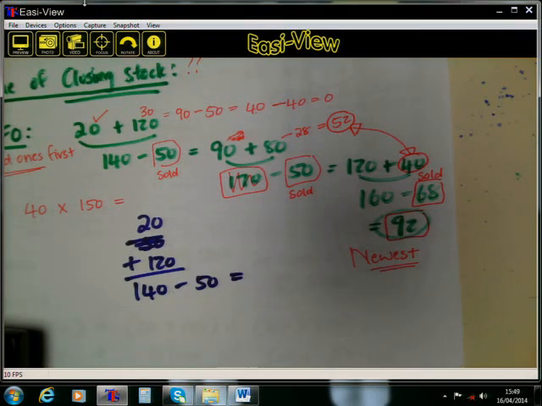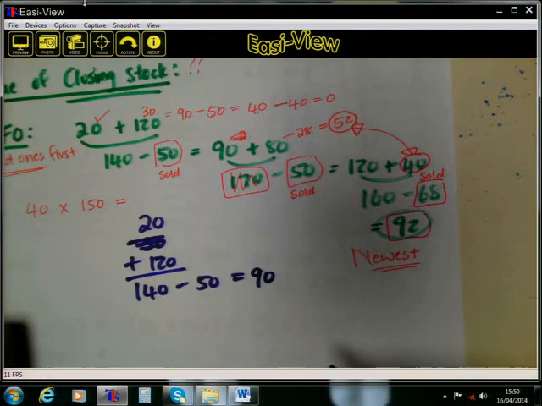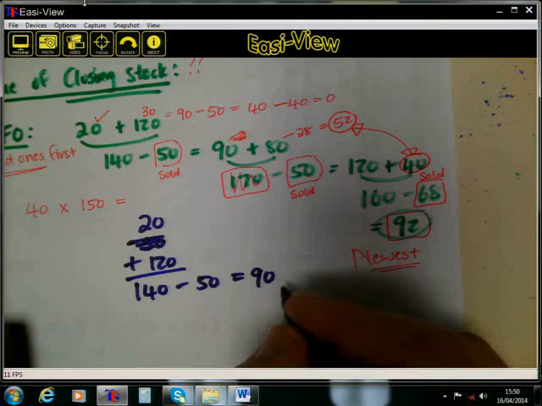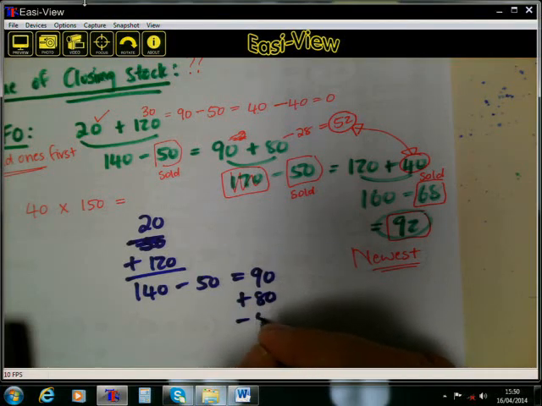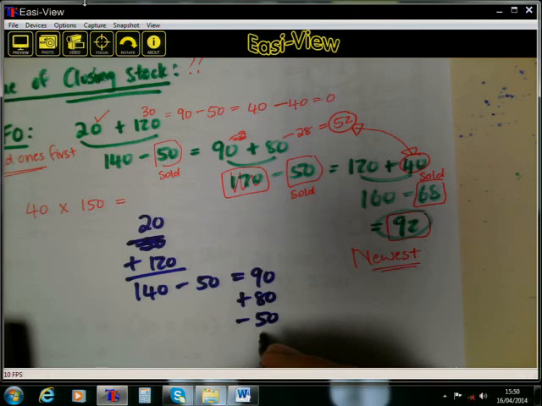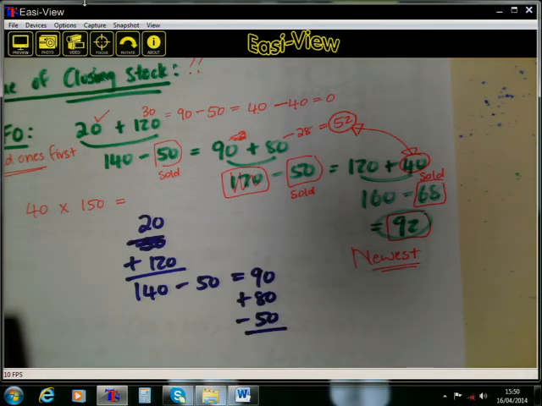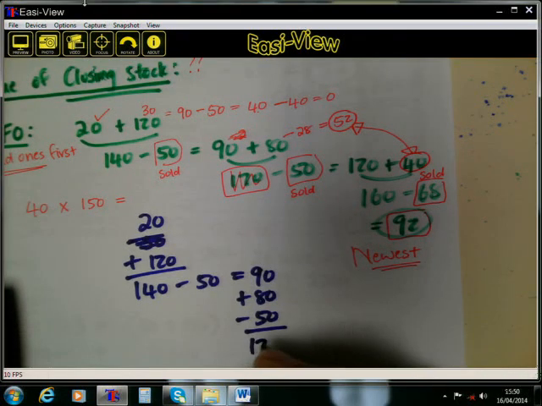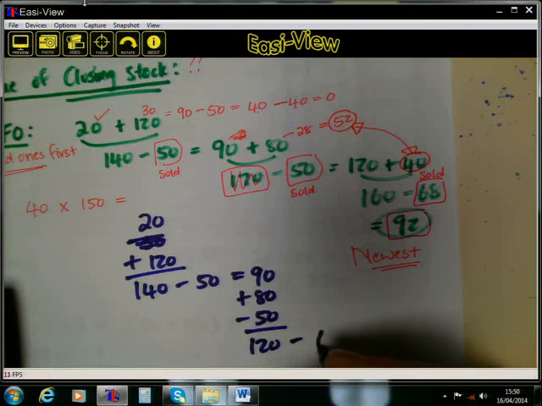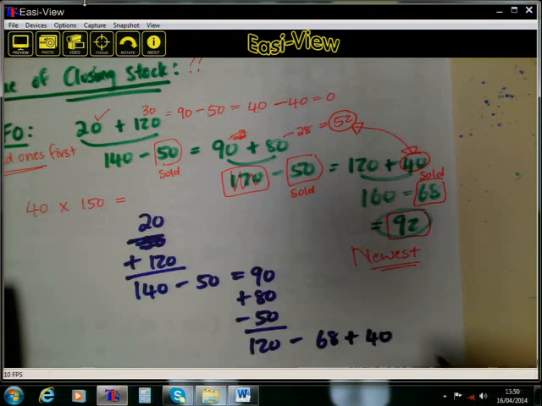That gives us 140 minus 50, which gives us 90. Then we bought another 80, but we sold 50. So 90 plus 80 minus 50 gives us 120. Then we sold 68. We bought another 40.